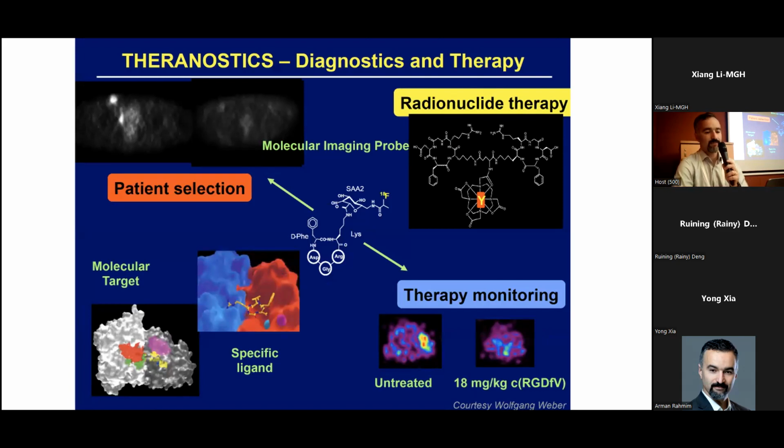And the idea is that if you have the same target that you use for imaging and therapy, it allows new possibilities. For example, imagine a tumor with cancer cells expressing or creating a certain protein.